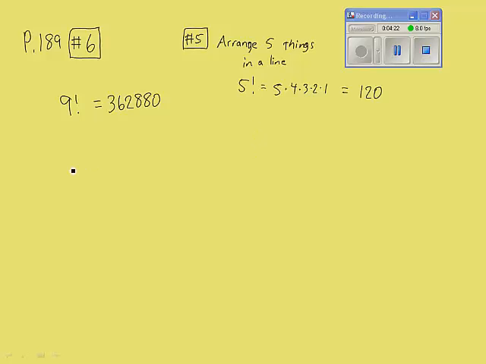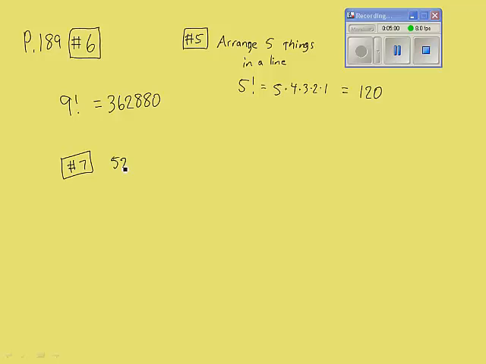Now, if you read, for example, something like number 7, what does it say? What are we supposed to count here? Cards. Oh, we were just dealing with cards, right? So it says, find, in the game of blackjack played with 1 deck, a player is initially dealt 2 cards. Find the number of different 2-card initial hands you could be dealt.